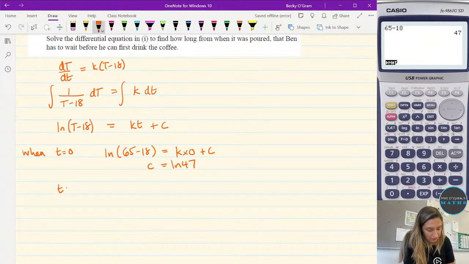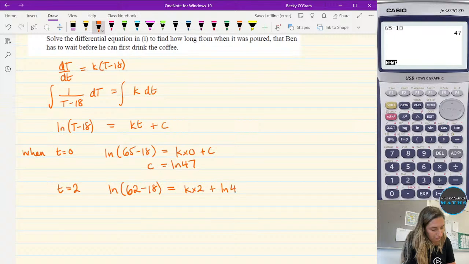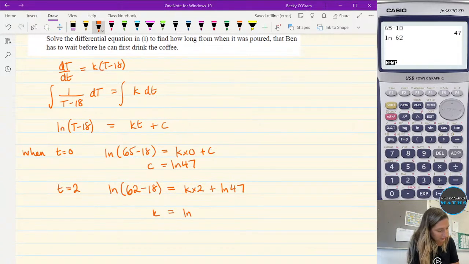Now, when t equals 2, we have natural log of t minus 18. Well, t when we're 2 seconds in, was it 2 seconds? No, 2 minutes in, then we've got 62 minus 18 is equal to k times 2 plus natural log of 47. So from there, k will be, let's go with log 62 minus 18.